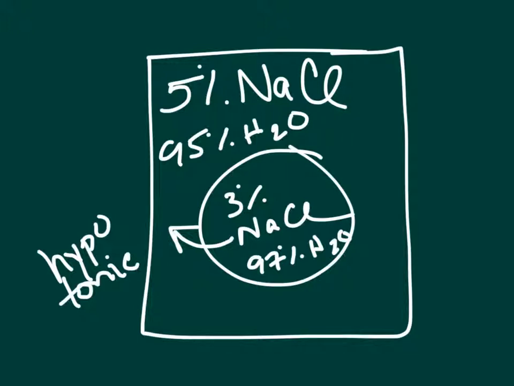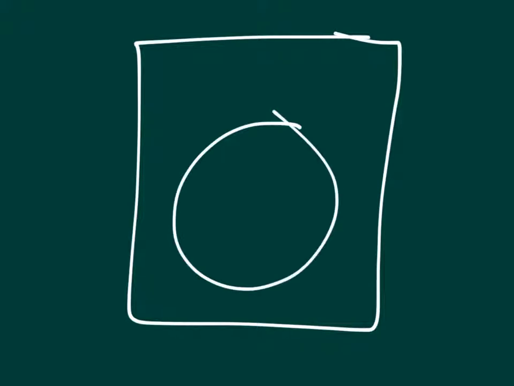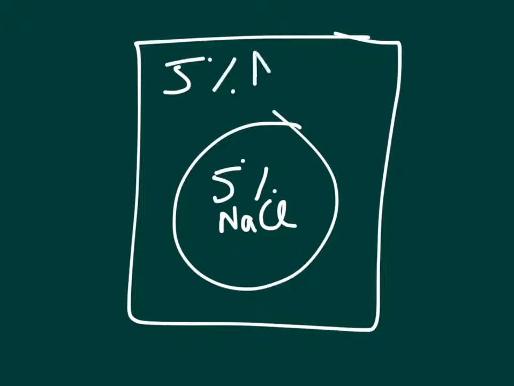So we did higher concentration. We did lower concentration. That means there's only one possibility left. The same. Is there a word in geometry that means the same?